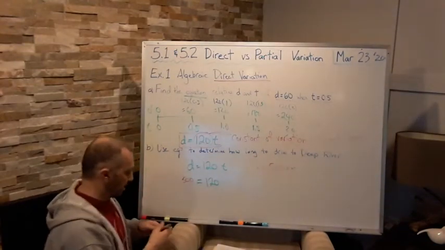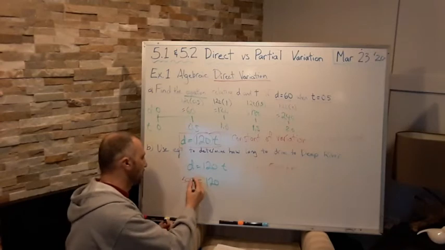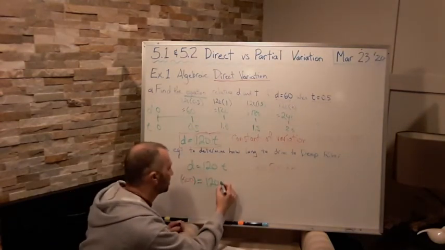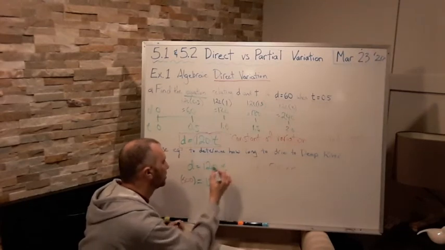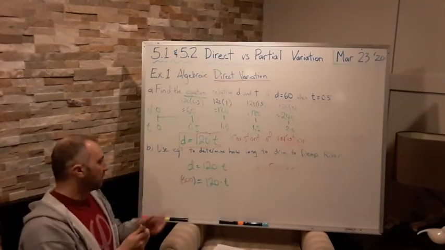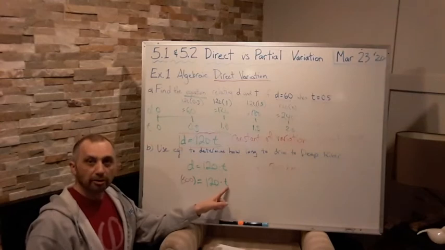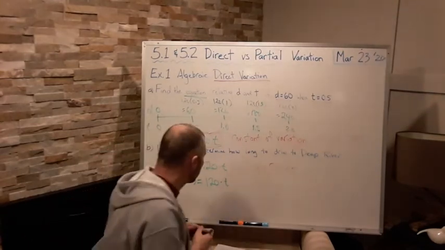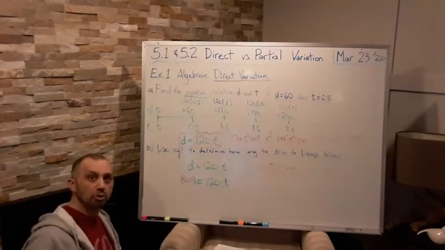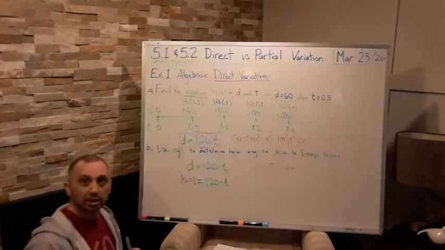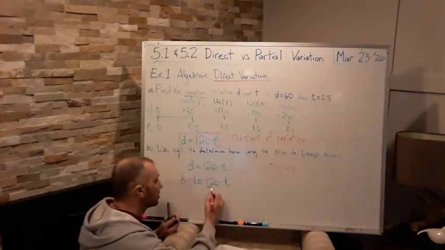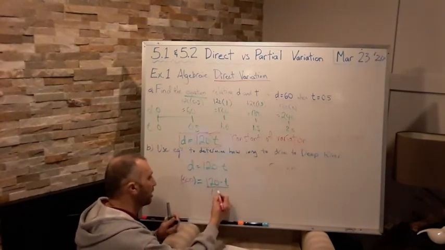And by convention, we're supposed to put that in a bracket just to show that we substituted. And here, I'm going to write times t. So now 500 is 120 times some amount of time t. And we have to solve our equation. So we're going to use our equation solving skills. What would you do to solve for t? We want to isolate it, which means we want to undo this multiplication. So I'm going to divide by 120.